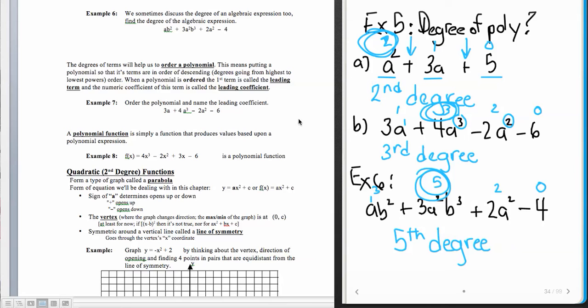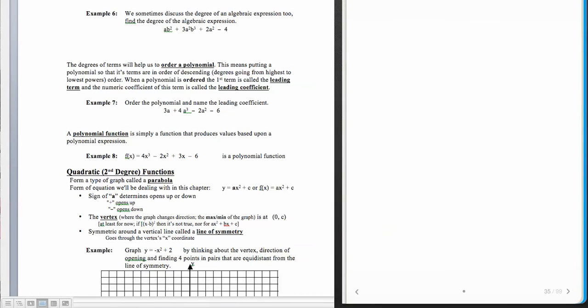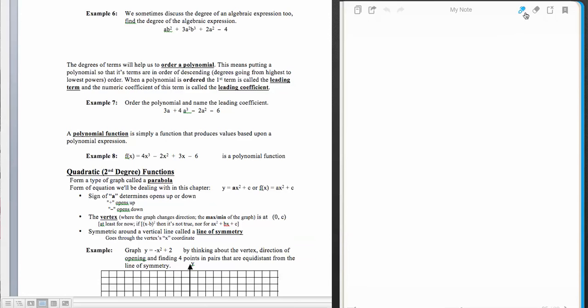Now the next thing that we're going to do is learn about ordering a polynomial. In order to order a polynomial, we just want to put the terms in descending degree, or in other words, our degrees go down from highest to lowest. So in example 7 here, I have a first degree, a third degree, a second degree, and a 0 degree. So I'm going to put my third degree term first. My third degree is 4a cubed.